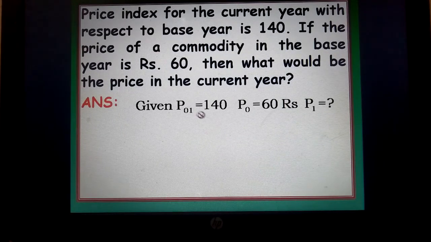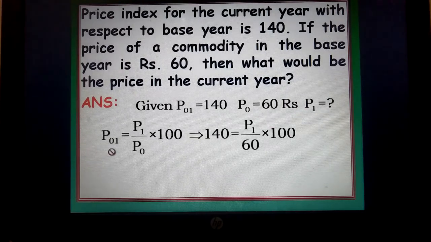Price relative we had come across, which is P01 is equal to P1 divided by P0 multiplied by 100. In that, P0 is known, P01 is known. Only P1 is not known. So we can make use of the price relative expression in order to find out P1.